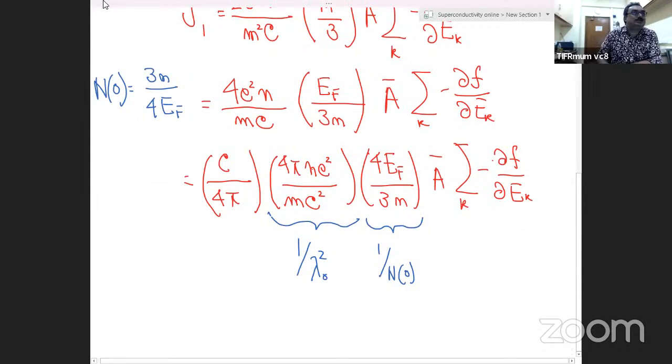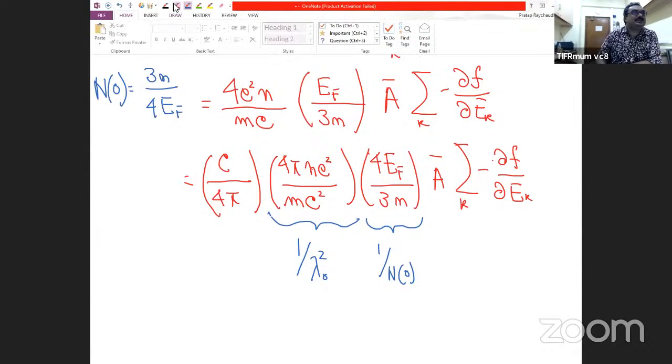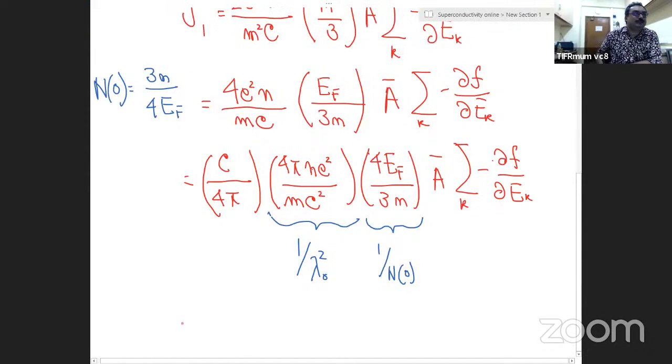All right, so this is very nice. So now I can sum over this. I can change this sum into an integral, and when I change the sum into an integral, I have the density of states which comes, but the density of states will get cancelled by this density of states, so there will be no density of states there.